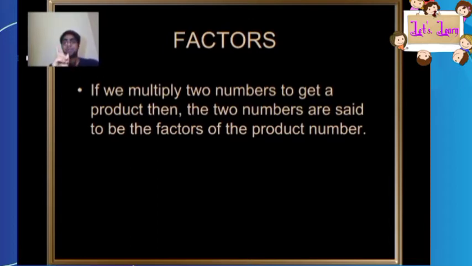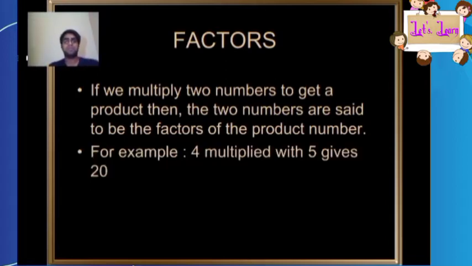Remember what we discussed in multiples: if we multiply two numbers and get a product, then this product is the multiple of these two numbers. Here things are changed. Two numbers are multiplied to get a number. These two numbers are the factors of this number.